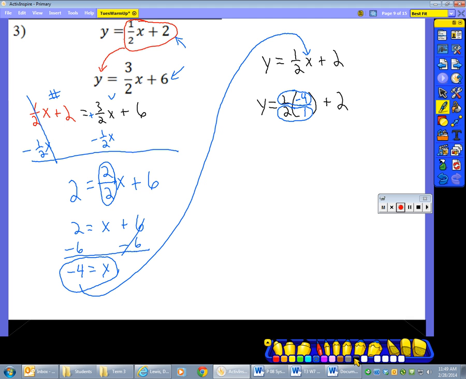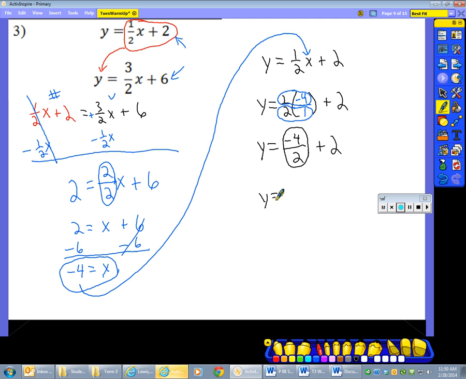So here we go. We have y equals 1 times negative 4 is a negative 4, and 2 times 1 is a 2. And don't forget about this plus 2 at the very end. This fraction right here can be simplified. A negative 4 divided by a positive 2 is going to give you a negative 2. You've got to think back to 7th grade on how you did that, if you're not quite certain.